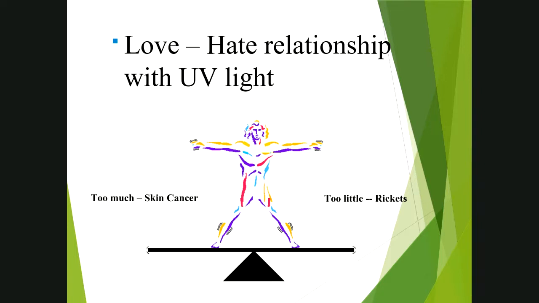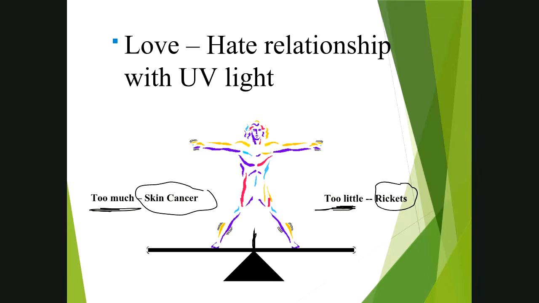Here we are perched up here, and that's ideal. But if we get just a little bit too much UV light, we wind up with things like skin cancer. But if we get a little bit too little UV light, we wind up with things like rickets. And so we have to remember that UV light is damaging, but it's also necessary.